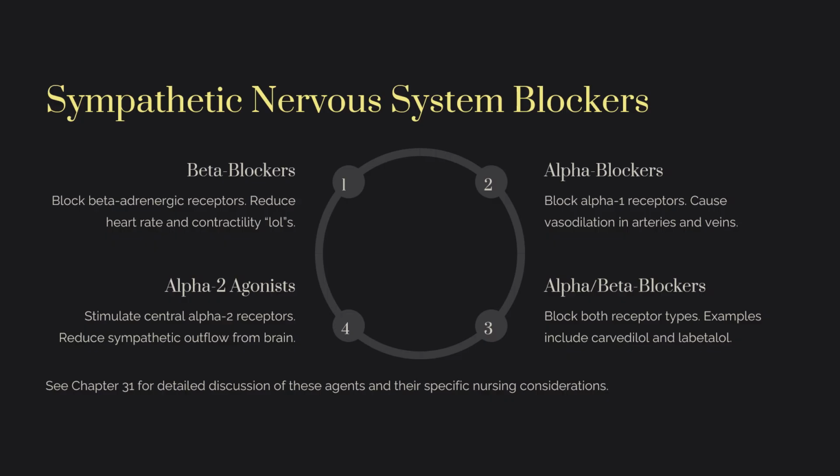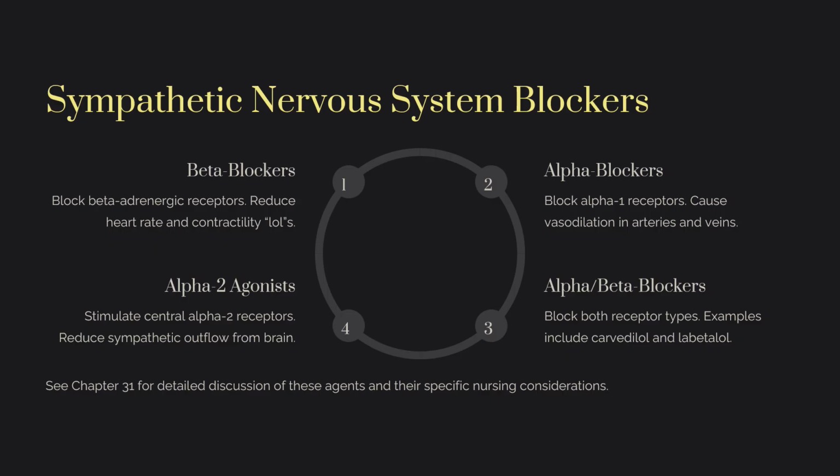Okay. So the deal with the sympathetic nervous system blockers is they are affecting the action of norepinephrine and epinephrine. Okay, so they're blocking those. And the gist of chapter 31 is those sites where those are activated or what those affect are differentiated by alpha or beta sites.